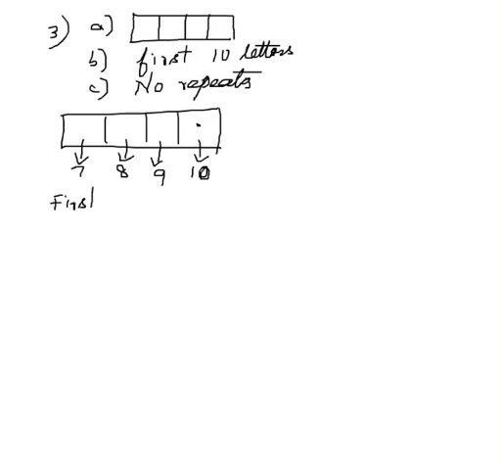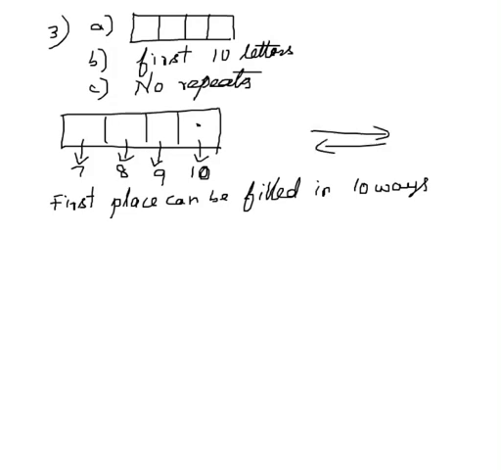So first place can be filled in 10 ways. You may start from the last letter in this direction or in this direction, does not matter. The answer will be the same. Then the second place can be filled in 9 ways because repetition is not allowed here.